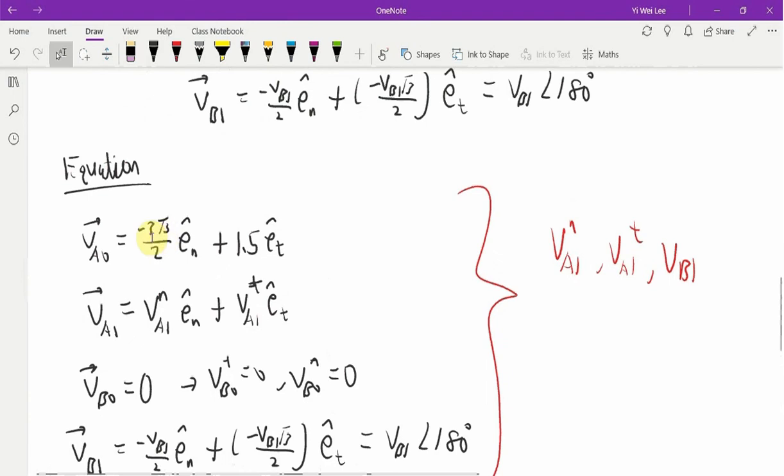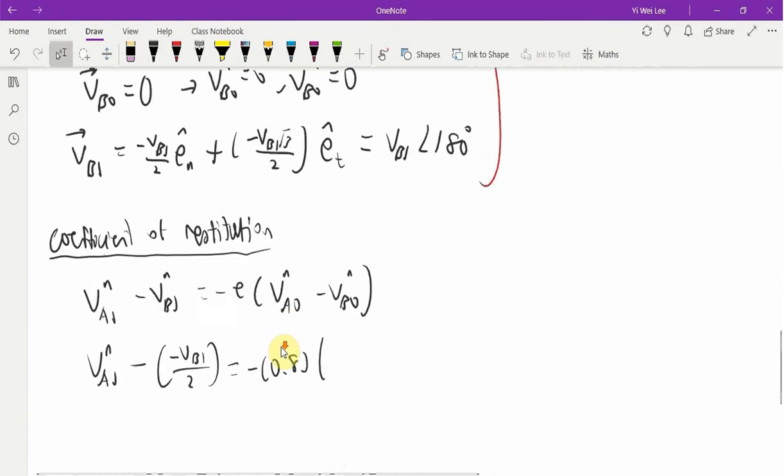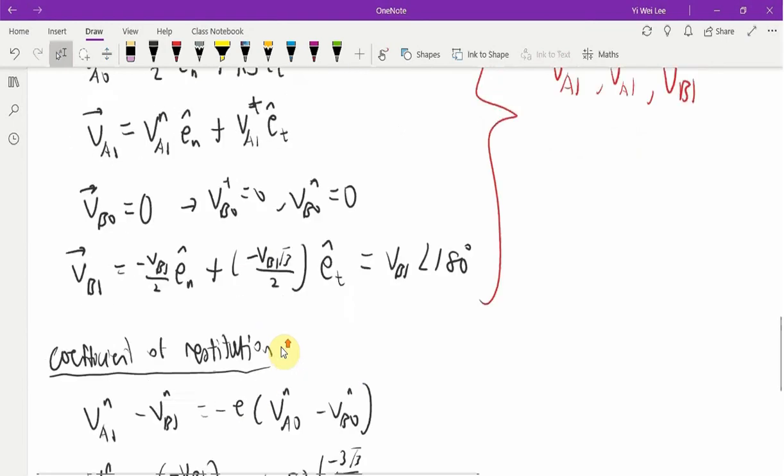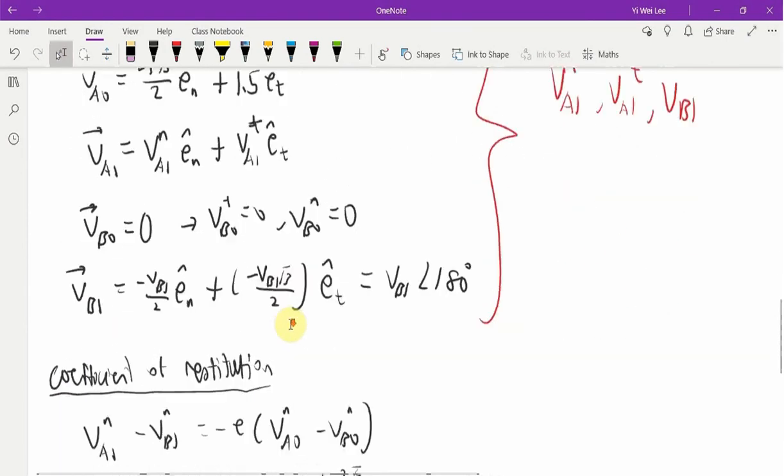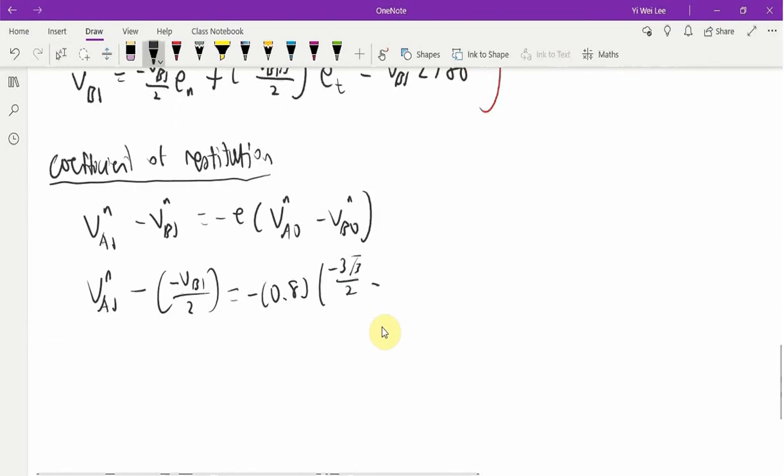VA0N is equal to negative 3 times root 3 over 2, something we just calculated before. If not, just rewind the video and see where we did it. Now VB0N is something that we know is 0, so it's minus 0. Put everything together, and eventually you have VA1N times 2.